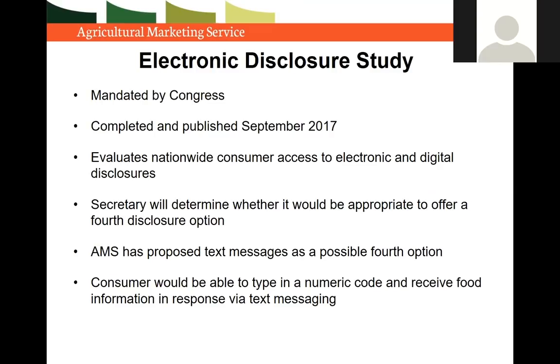Now, the study found that the majority of Americans own a smartphone. This is at 77%, and that ownership rates are trending upward.